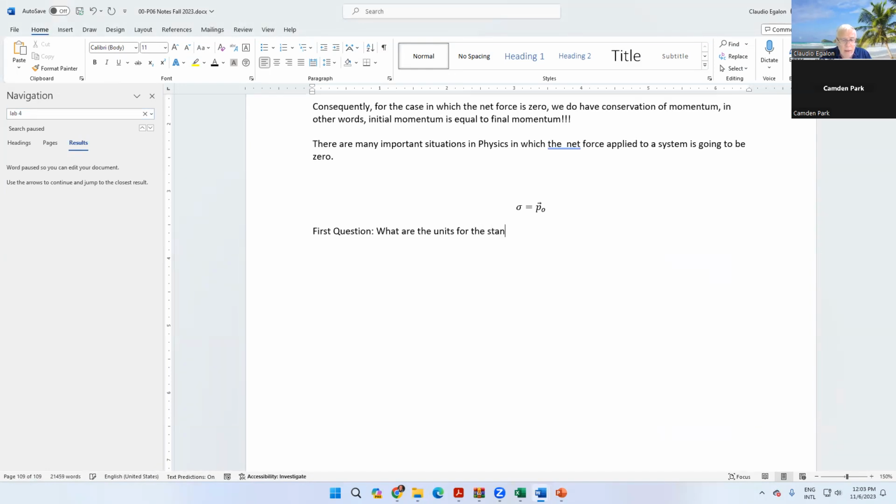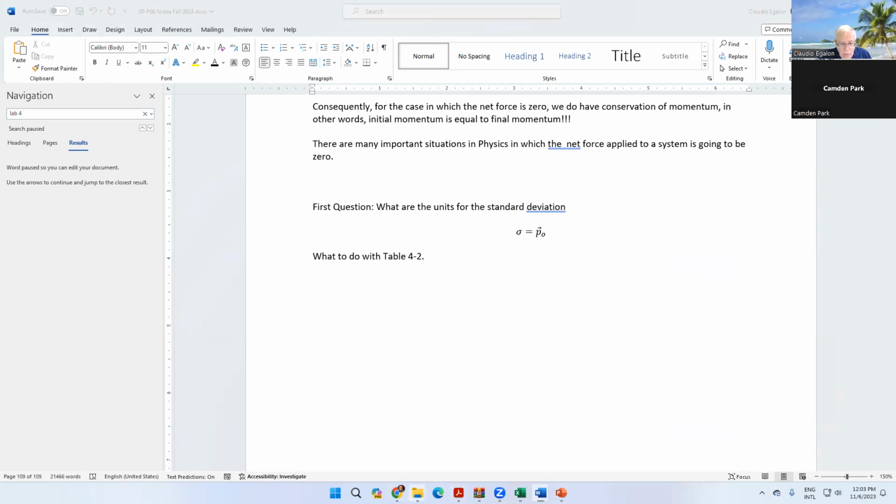Let's start with this one first, the standard deviation. And what's the other question? I don't know what to calculate with table 4-2. Okay, and what to do with table 4-2? Yes. Okay, so your group number 3.